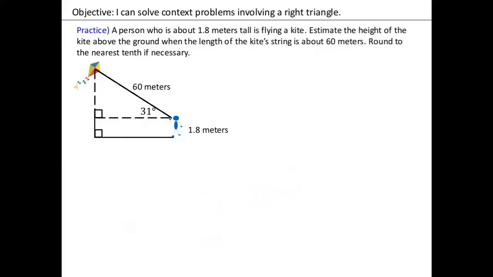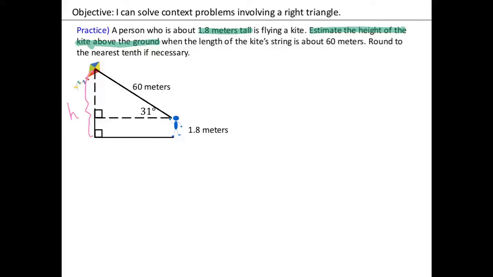Okay. If we look at the next one, this one is saying a person who is about 1.8 meters tall is flying a kite. And then it says to estimate the height of the kite above the ground. That's really asking for this from here to here.